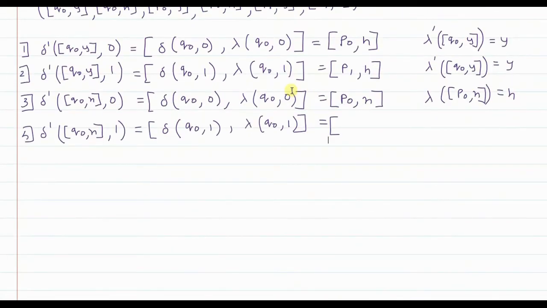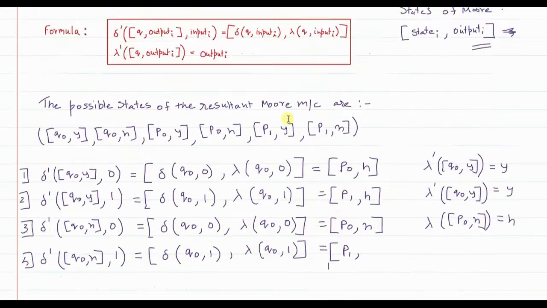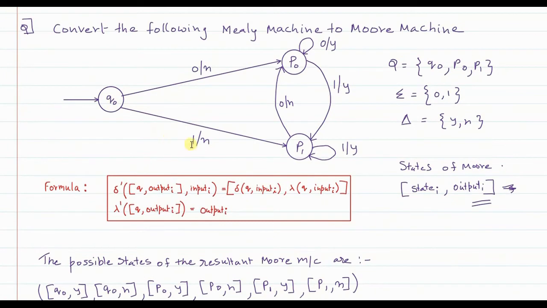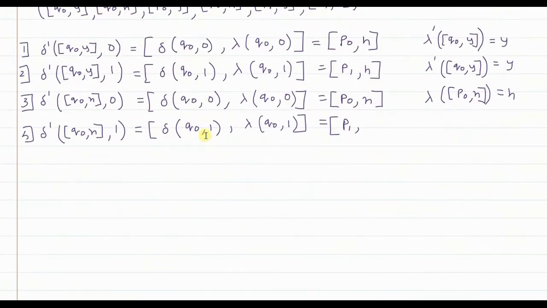So you will write here P1 comma, what is the output for the transition from Q0 on reading 1? The output is n. So you write here n. The state generated is P1n, and λ of Q0 comma n will be n.